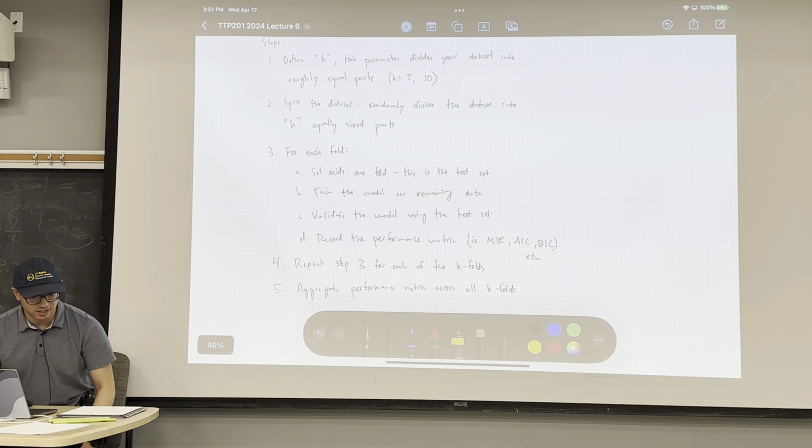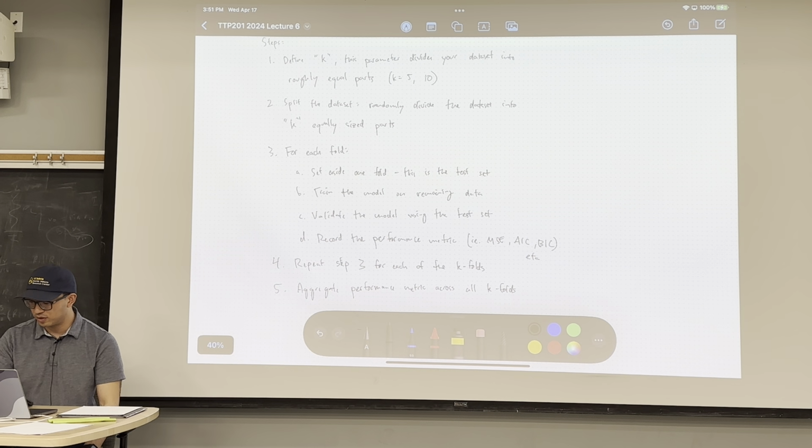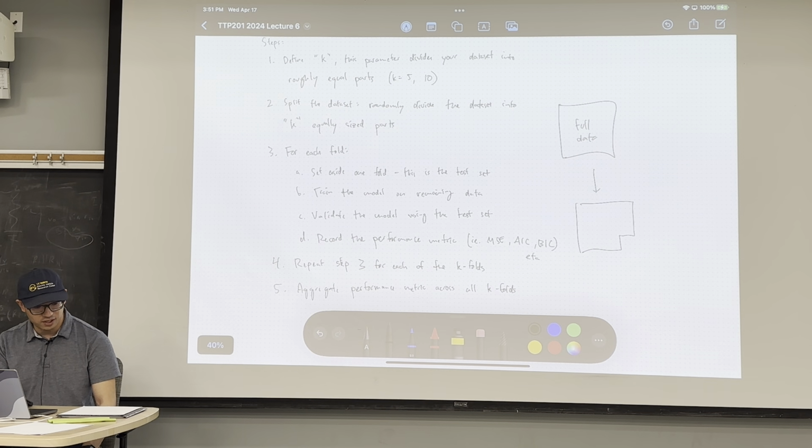Right, so if you were to draw this, you have your full data set. This gets separated into your training data and this is your test data.